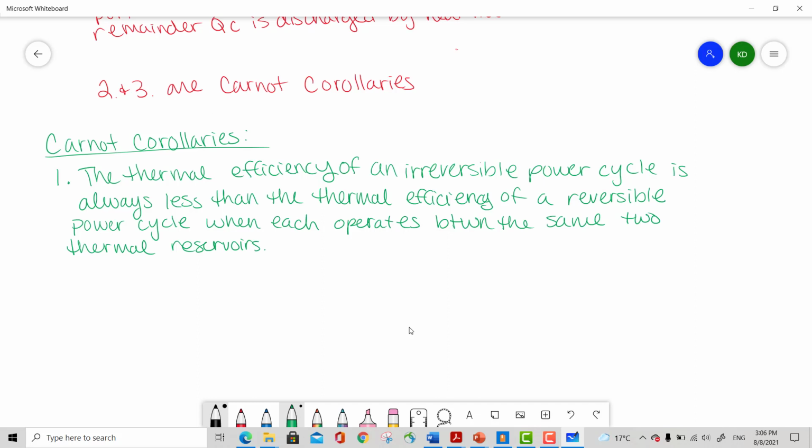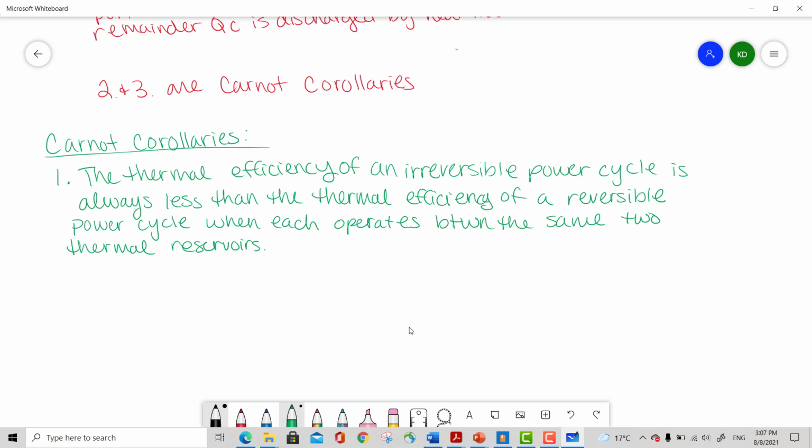So we've got 2 identical setups, and if we're comparing and contrasting, the thermal efficiency of an irreversible power cycle is always less than the thermal efficiency of a reversible power cycle. This should be common sense because of what we understood about reversible power cycles. Reversible power cycles are only idealized. They are the very best case scenario.